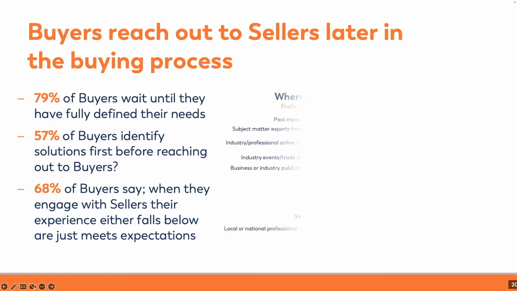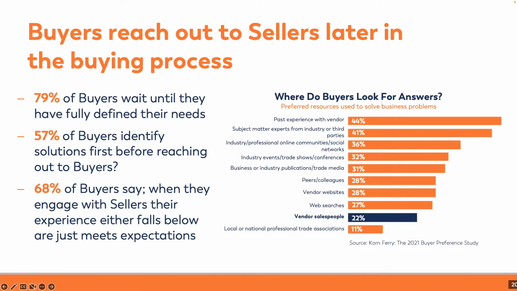And this is further emphasized with the fact that in the same research, when buyers look for answers to problems, of all the possible resources that they could reach out to, salespeople are 9 of 10. And so this is having a real impact on performance, and we'll talk about performance in just a moment.